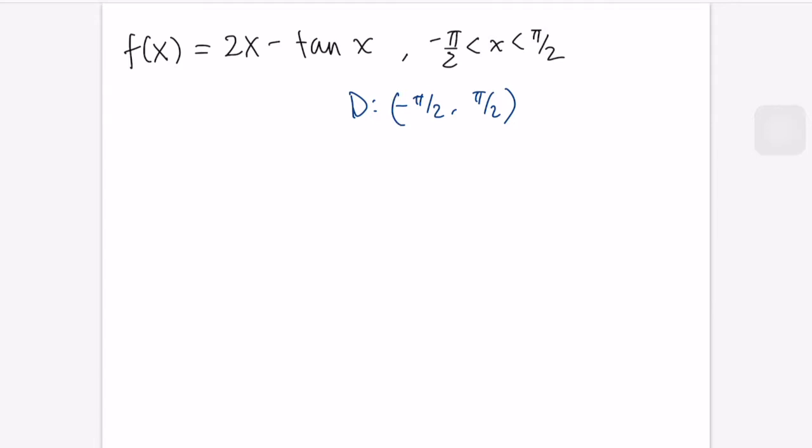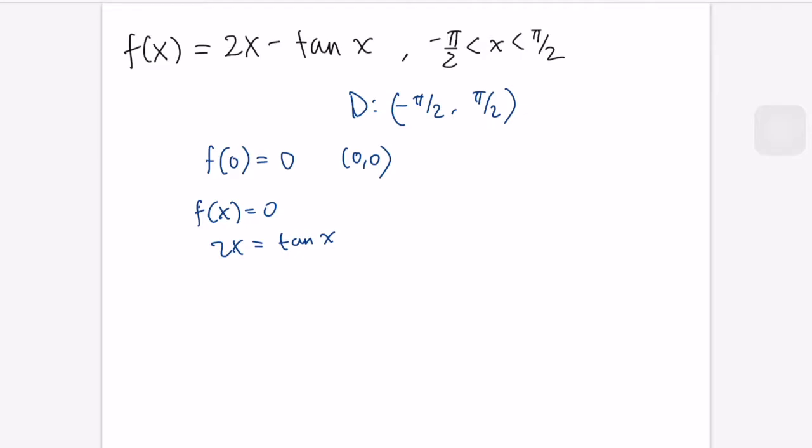Then we can start writing the intercept when x is 0. So all will be 0, so 0, 0. And then when f of x is 0, then 2x is equal to tangent x.